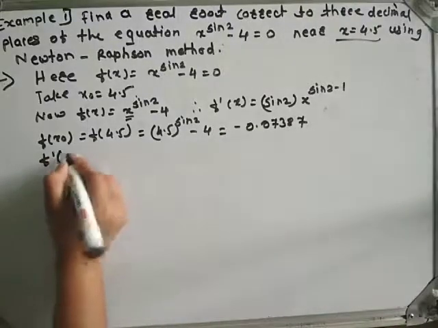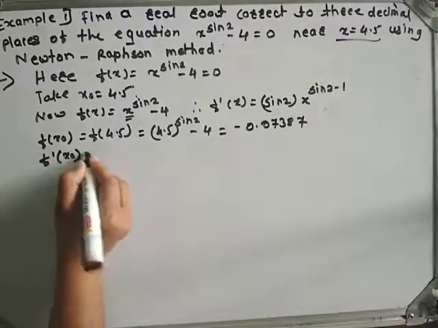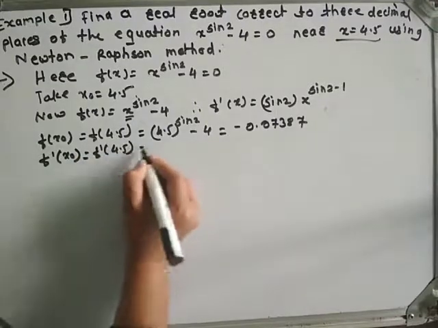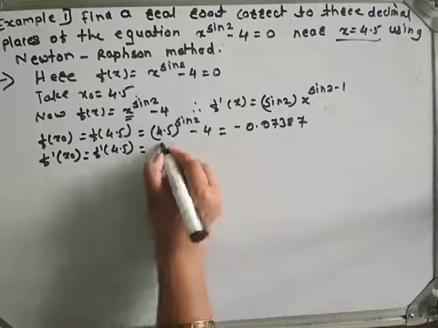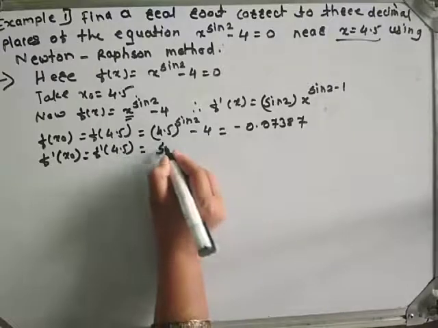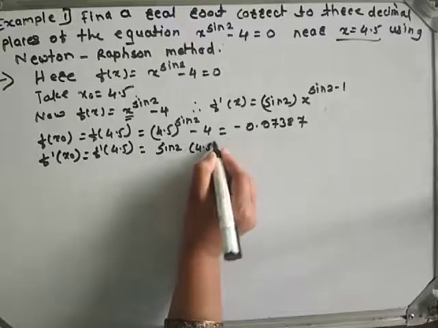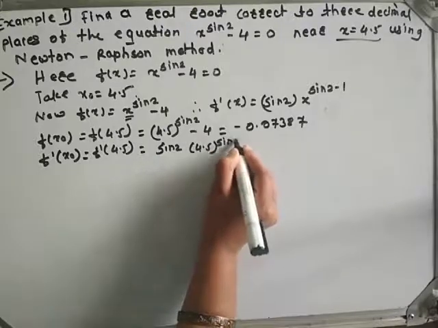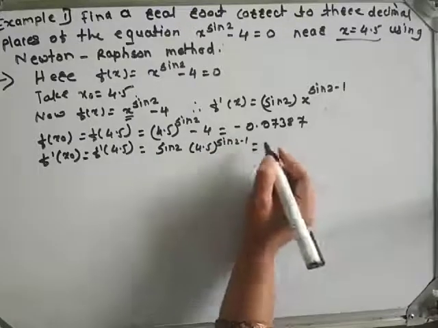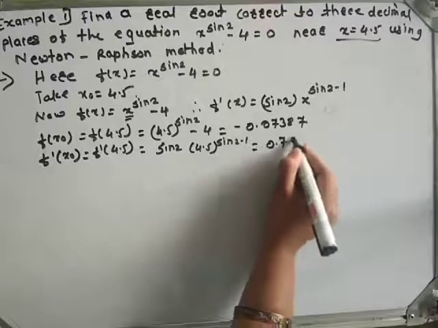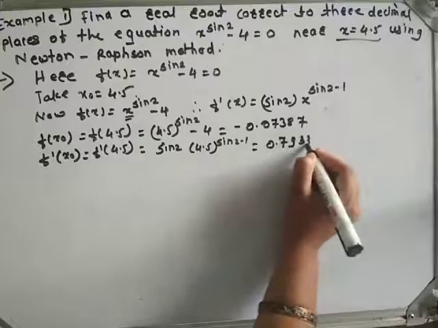Next, we have to calculate f'(x0), that is f'(4.5), which is sin2 · 4.5^(sin2 - 1). After calculating this value, we get 0.7933.